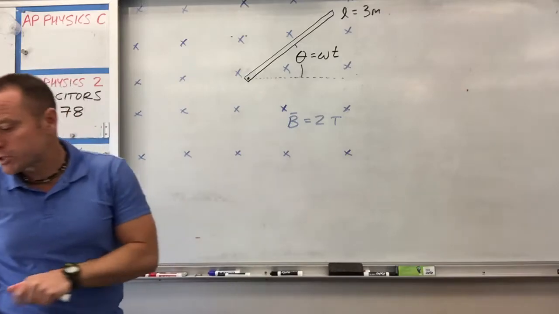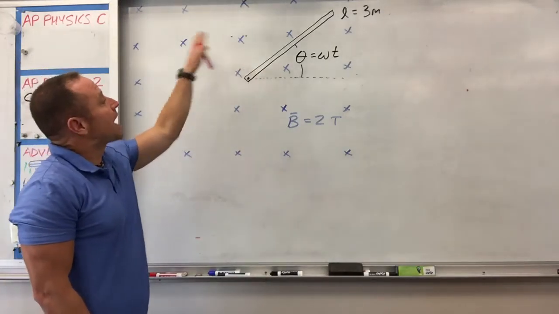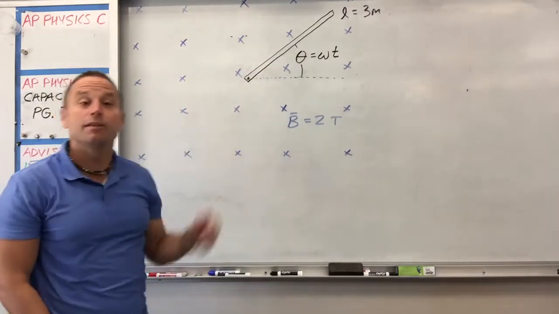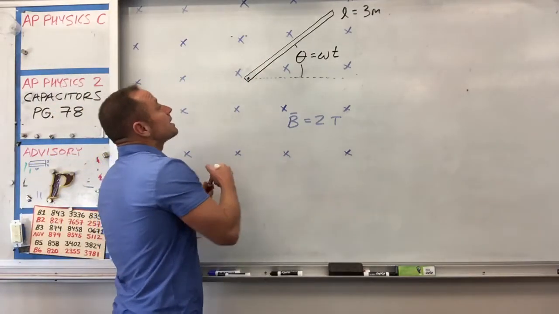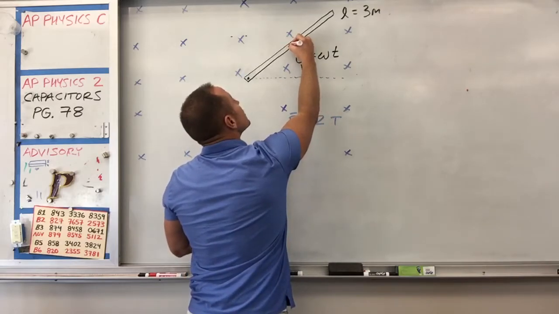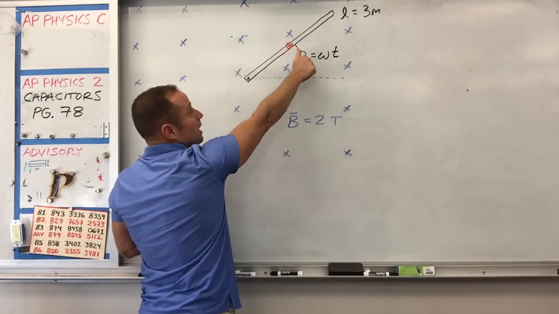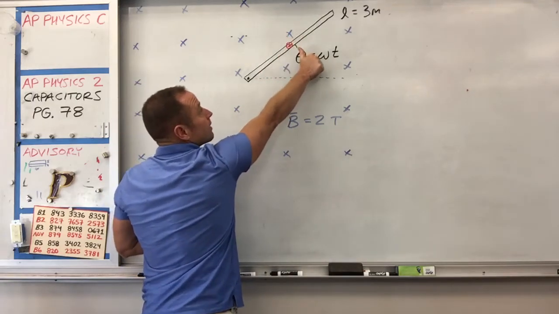The first thing that we're supposed to do here is figure out which end of the bar would be the positive end and which would be the negative end. If you imagine a positive charge, at this instant that positive charge is moving this way.